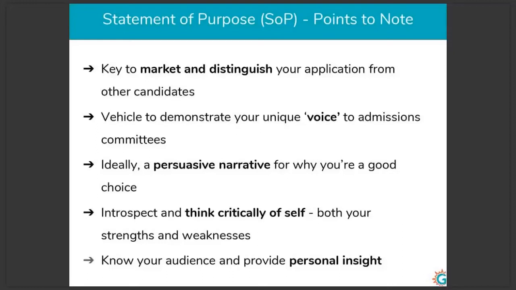Now, given that there is such a latitude in acceptance rates, how are you going to distinguish yourself from other applicants? People who apply to US universities, UK universities, Canada, Australia, wherever you may be applying, are applying from all over the world. So I often tell my students, you need to get out of the frog in the well mentality and put on a global thinking hat, because right now you are playing in the global field.